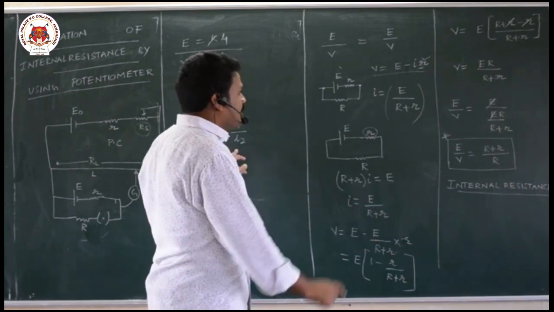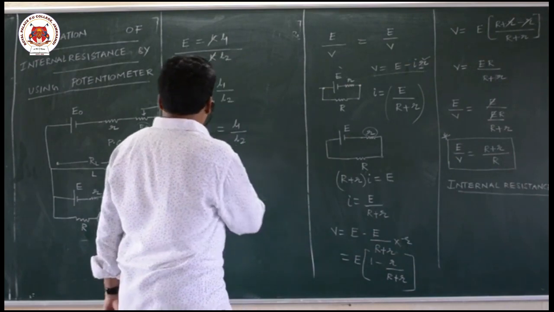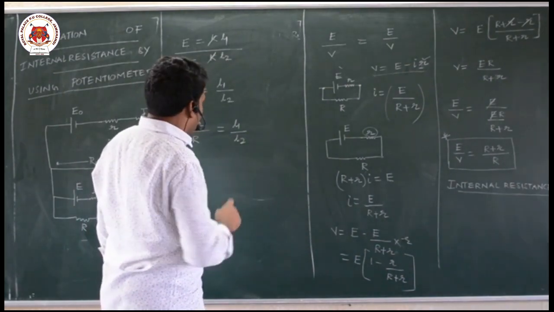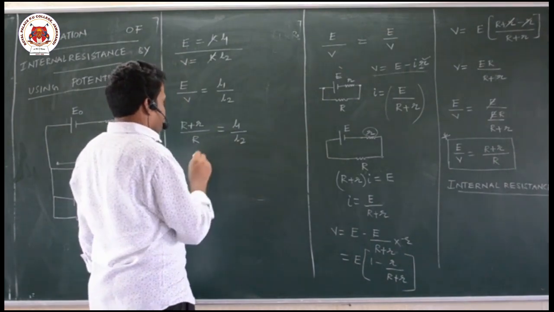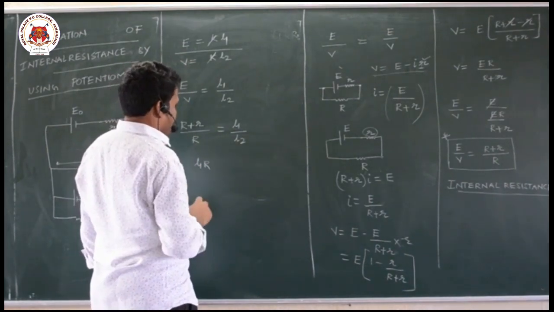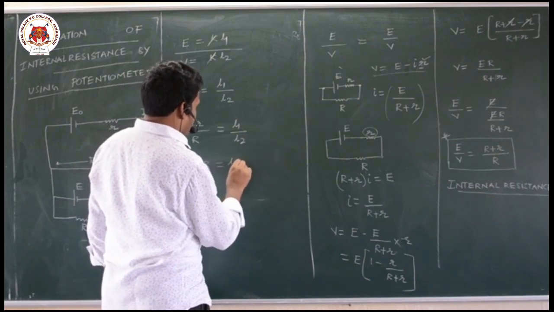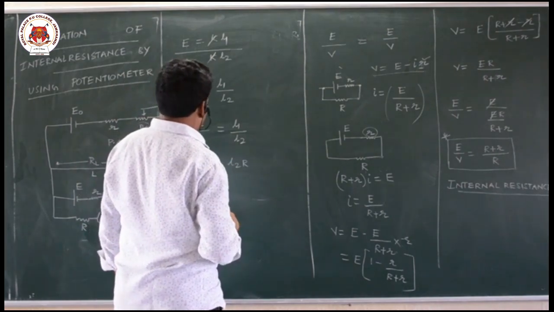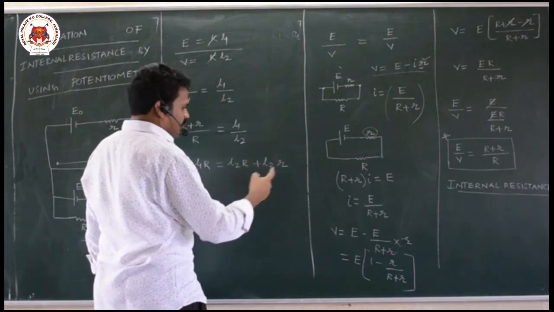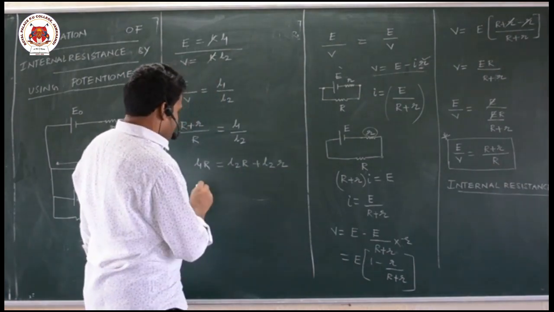Same thing. If you divide, you are going to get (capital R plus small r) by capital R is equal to L1 by L2. Now what you do? L1R is equal to L2R plus L2 into small r. Now we want small r only. So what you will get?